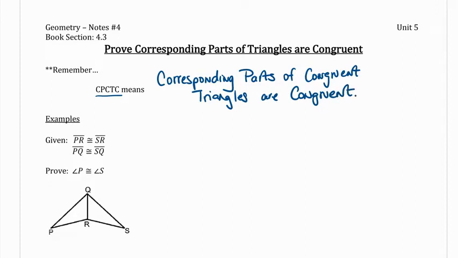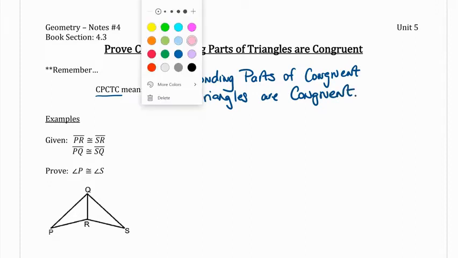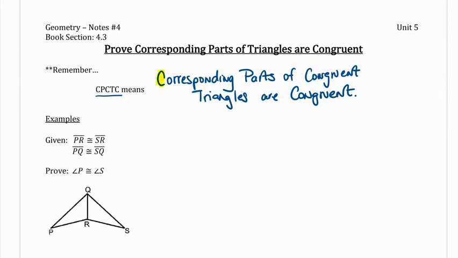Okay, so that is your C, P, C, T, and C, right? Corresponding parts of congruent triangles are congruent.